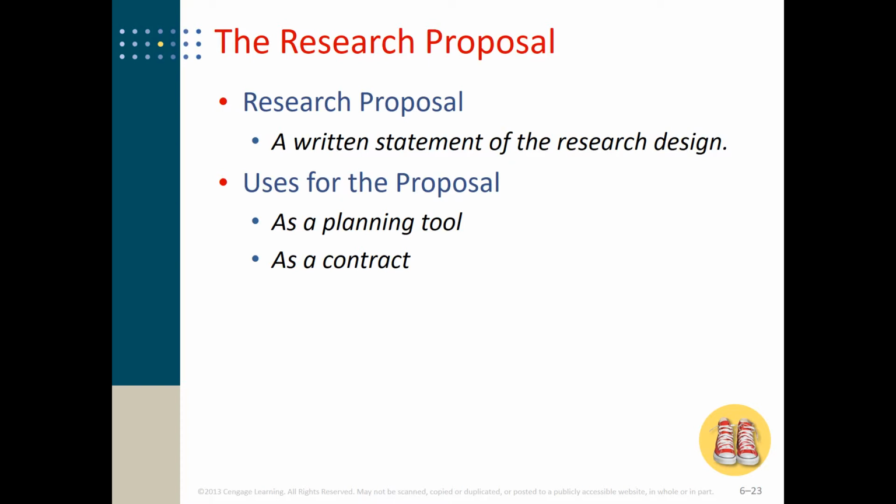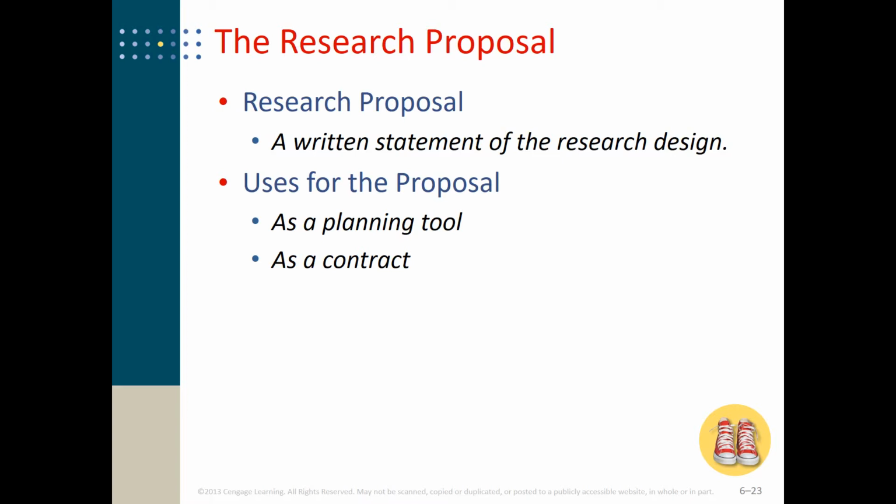When we think something without formal writing, our plans can be vague, our ideas can be abstract, our generalizations can be sweeping. However, when we write them down, they can be very clear and very objective. So this research proposal will help the researcher carry out each stage of research as planned.